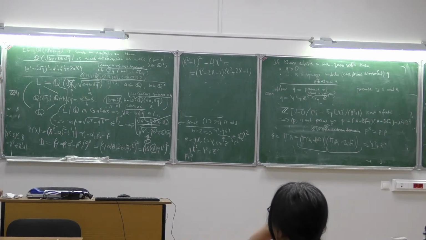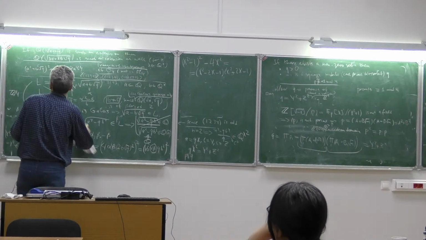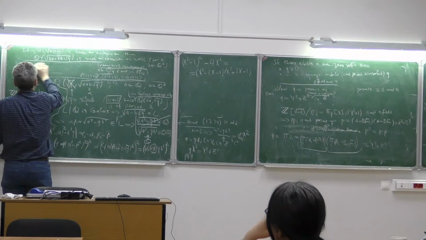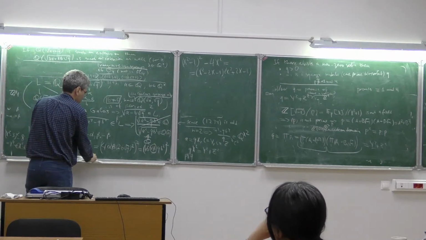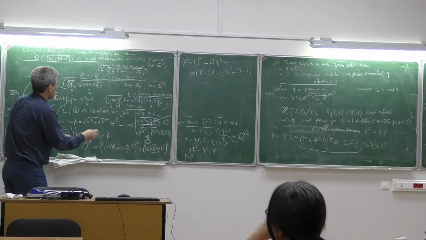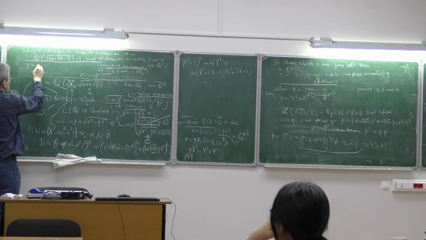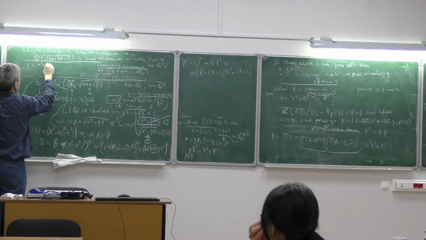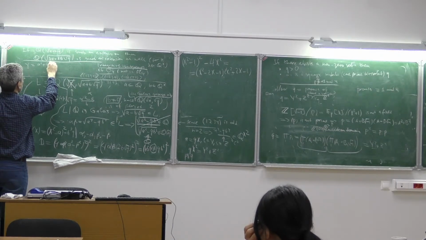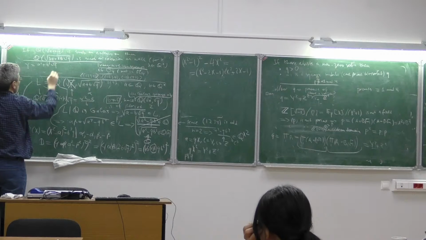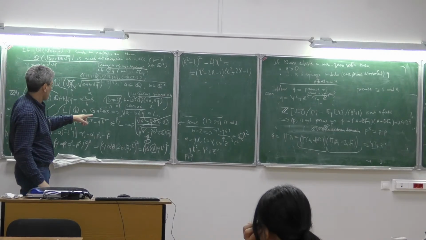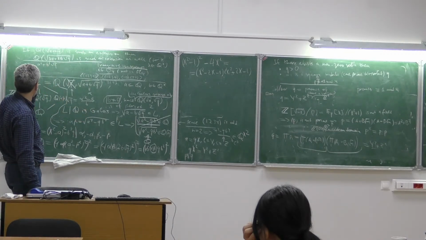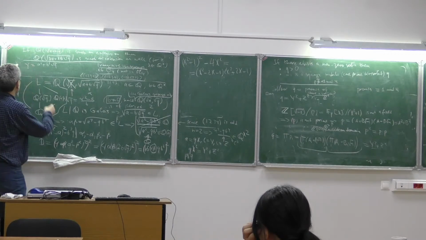Actually, I'm sorry, we don't need to write that explicitly. So we can just write gamma, which is a prime plus b prime square root of q. And then what? Then if we consider gamma.